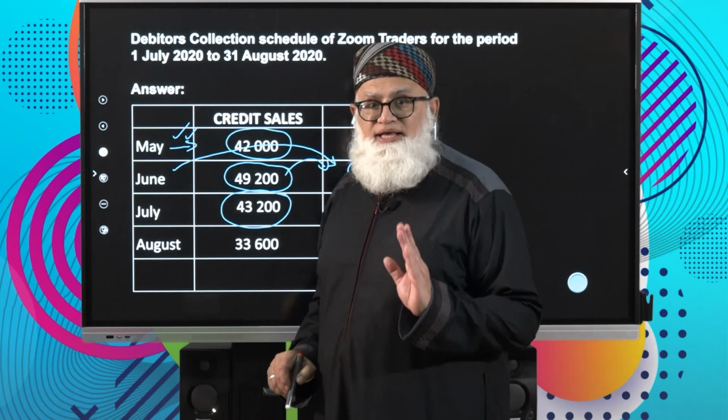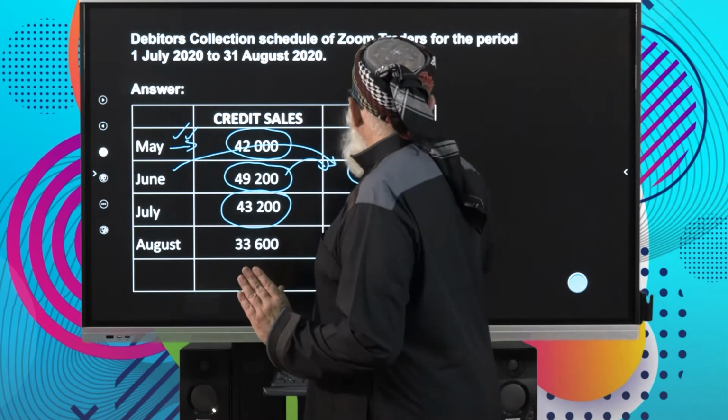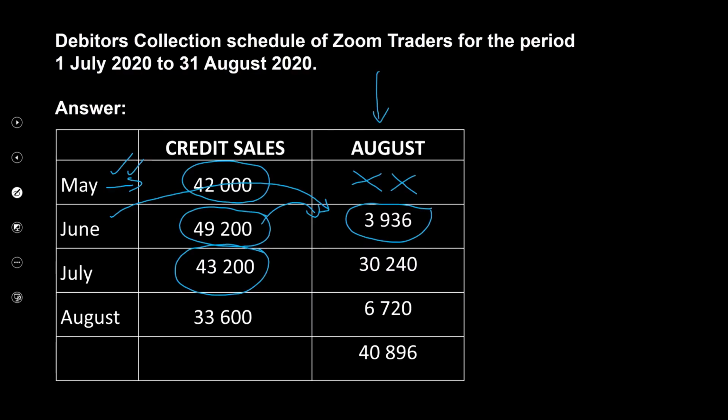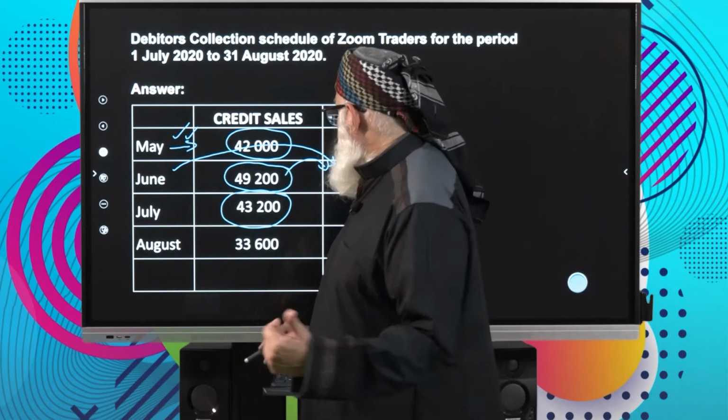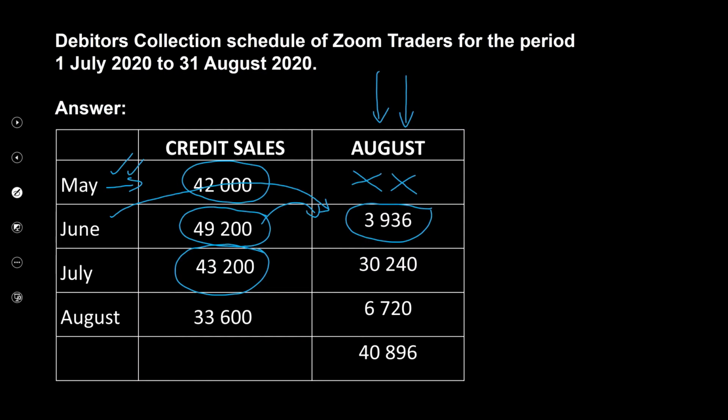How will we calculate July? Because remember, all that we require is the August component of the cash budget. So taking July into consideration, some will pay you in July, the 20%. The 70% will pay you in August, so we can do that calculation now.